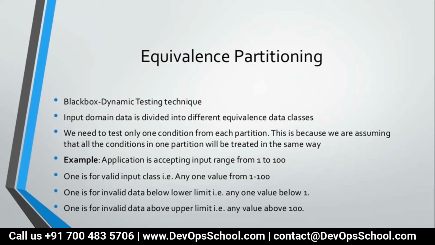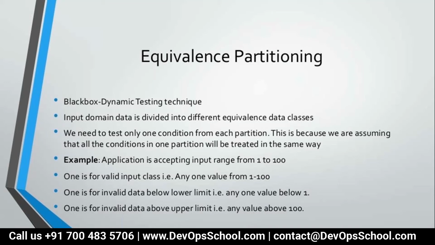Only thing is, here the test data are very important. First you need to specify the test data, and in the test case also you have to mention with which data you have tested.